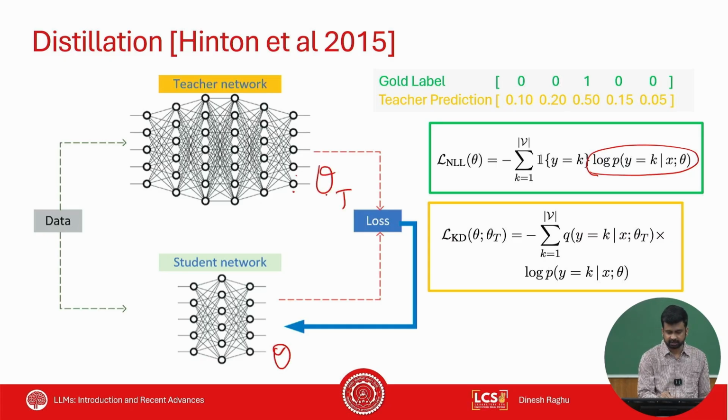The teacher network parameters are theta t. So now in addition to theta, you also have theta t, but theta t is frozen. So what you do is you end up getting the value of every output with Q, and you use that as a reference distribution and compute cross entropy, right? So there are several advantages for doing Q rather than again taking only the max value and doing it. You can find more details in the first paper that came out for distillation.